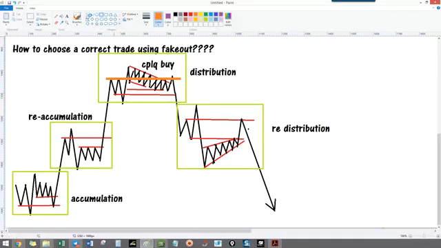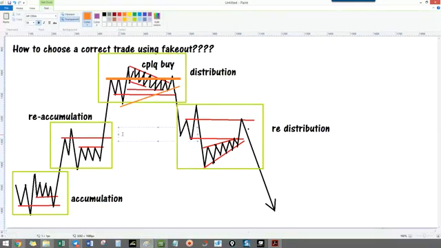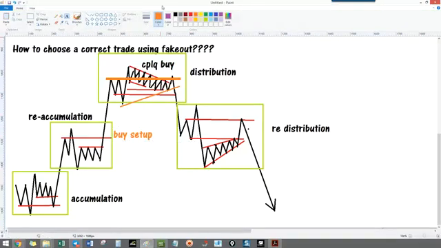Okay, it is a HNS: high, low, high, high, high, low, entry, sell. So this fake out failed. Why? Because this is on a buy phase. Buy setup here. So for buy setup, where can we find? Over here.